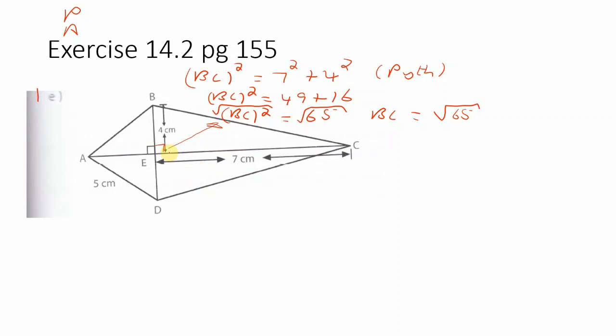So we can similarly show, because of the property of symmetry, that ED is 4 centimeter. Okay, so ED is equal to BE equals 4 centimeter, symmetry of a kite.